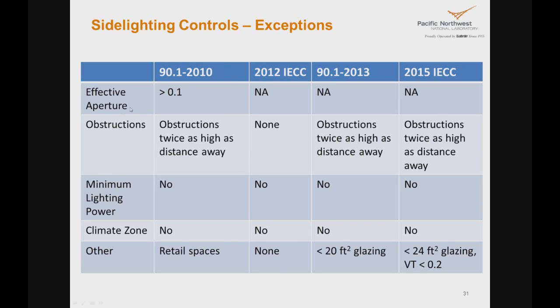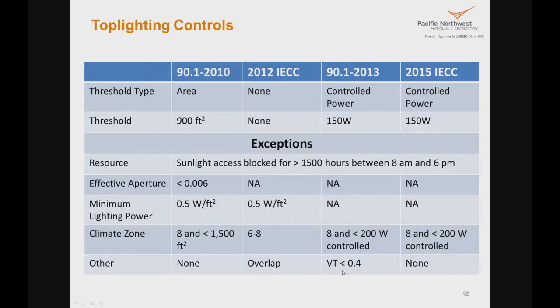What the effective aperture says is that if your window is either too small or too dark to provide enough daylighting, then you are not required to provide controls. It's the same with skylights too. If the VT is below a certain threshold, then again you're not required to provide controls.